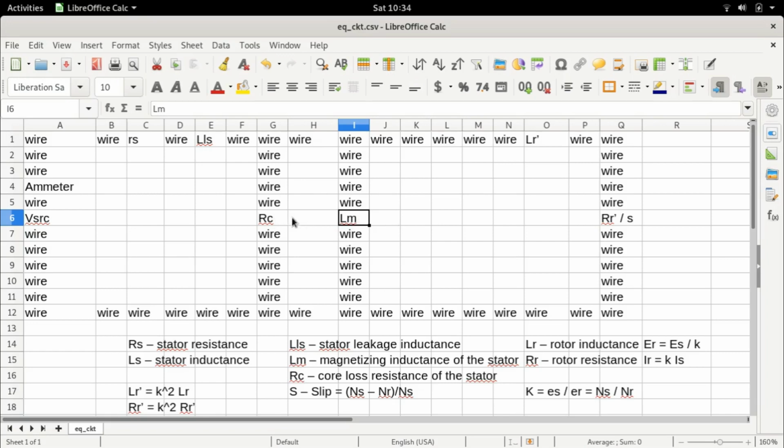The reason is that the voltage is so small, the magnetic flux which is produced is almost negligible. And because the magnetic flux produced is negligible, we can neglect this parallel branch. It's as good as this entire branch in series. That's all there is.